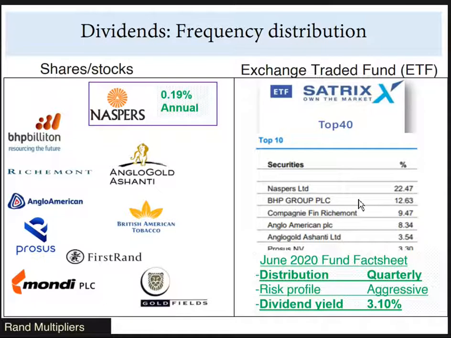Companies that are not performing well will at some point be kicked out of the top 40. Even if one company within the top 40 is not paying dividends, there should be one or two or three or more that are paying dividends, so you will always be getting some form of dividends.